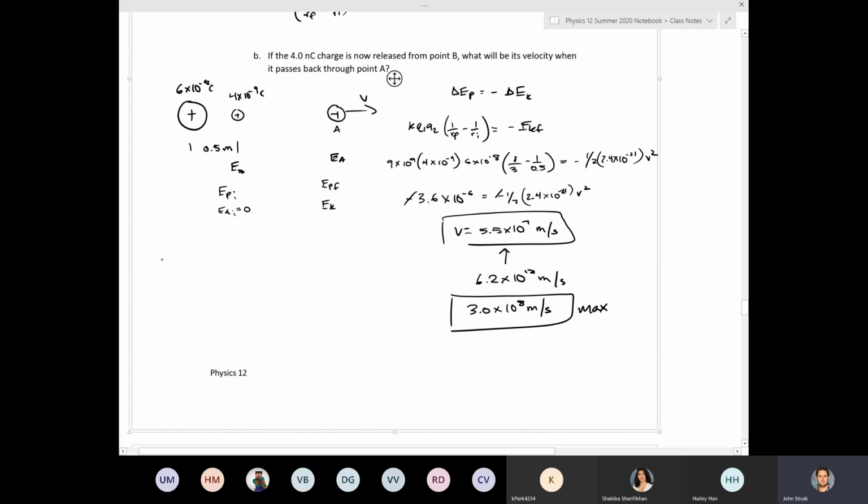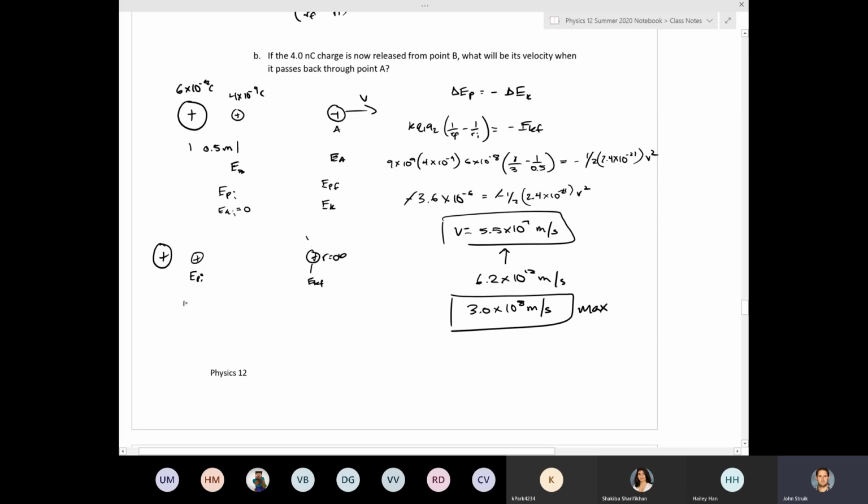So let's do that. Let's say we have this charge, and then we're saying what's its speed at infinity? So R equals infinity. So if we do this, we have EPI and we have EKF. EPF is 0 because it's at infinity, EKI is 0.